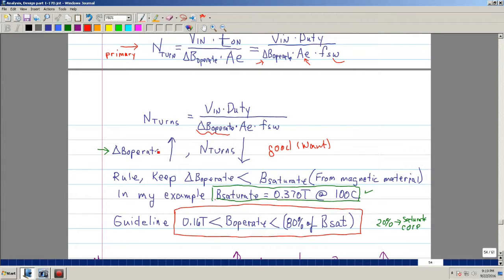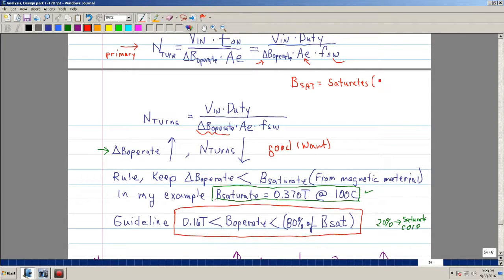There's a limit. You can only operate this at a certain level. Why? Well, because transformers have what is called a BSAT value. That's the value where it saturates.